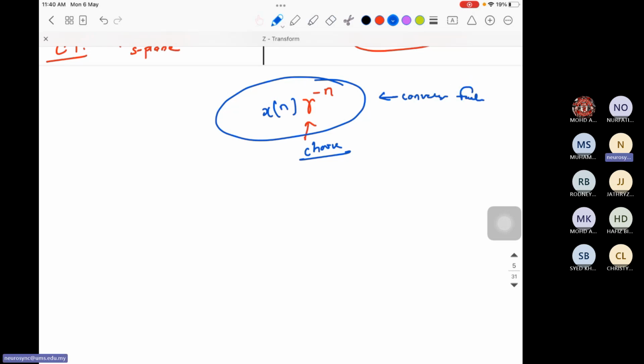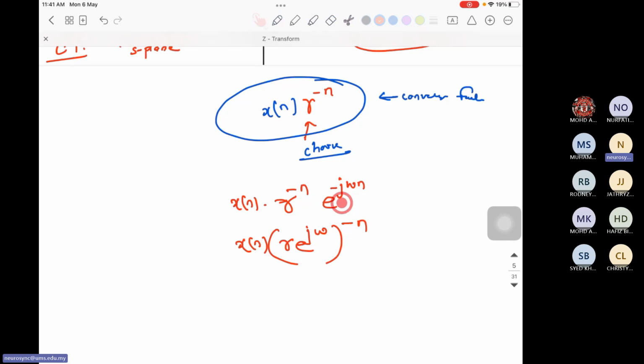In the Fourier transform we have the factor e to the power minus j omega n, and x of n times r to the power minus n is the convergence factor. This I can write as x of n times r e to the power j omega, raised to the power minus n.